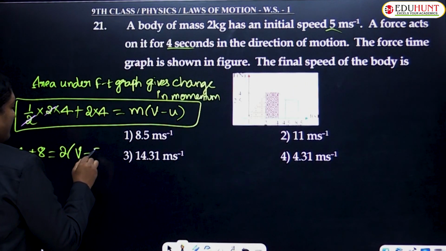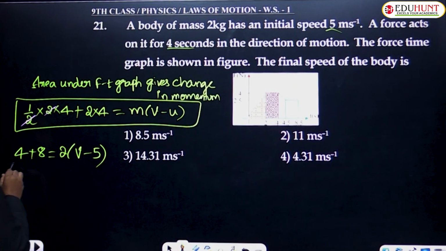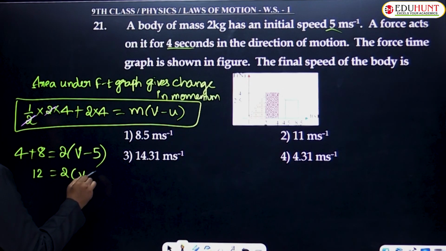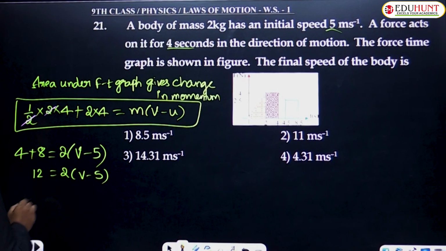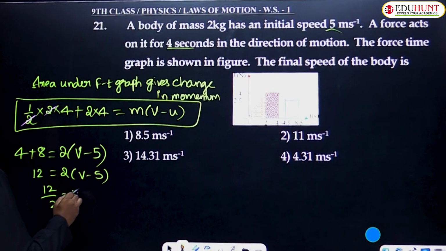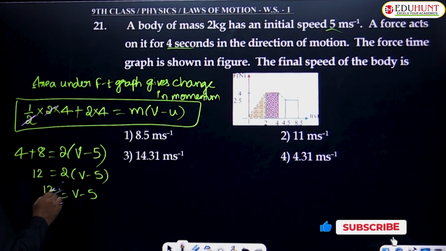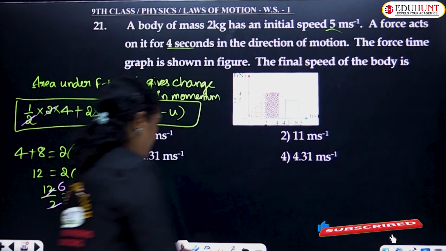So this is 5. That's it, children. So 8 plus 4 is 12, equals 2 times V minus 5. If you bring this 2 to the other side, 12 by 2 is 6.